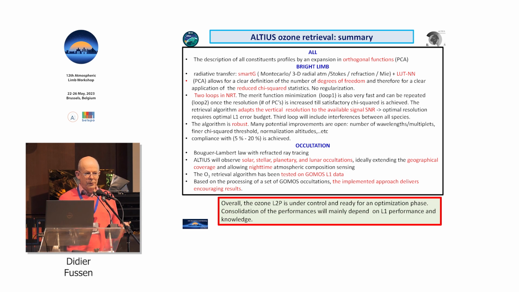The consolidation of the performances will, of course, depend on the error budget coming from the L1, and it will be impacted not only by its absolute value, but also by the knowledge of the L1 error. So thank you for your attention.